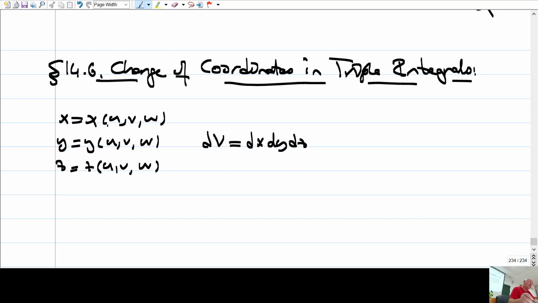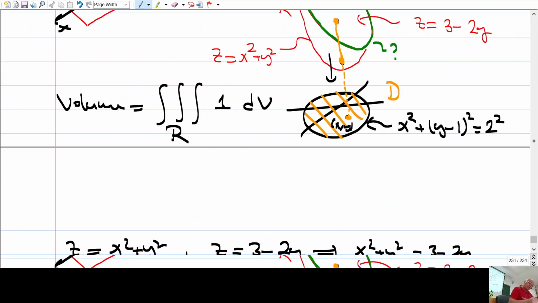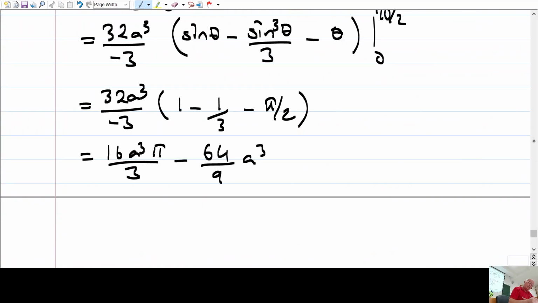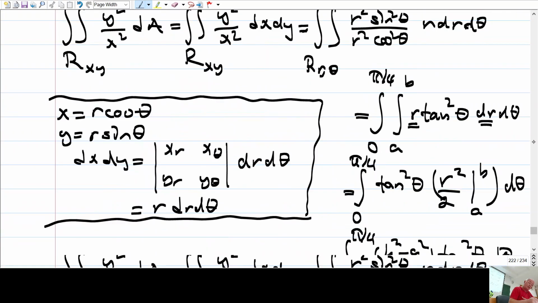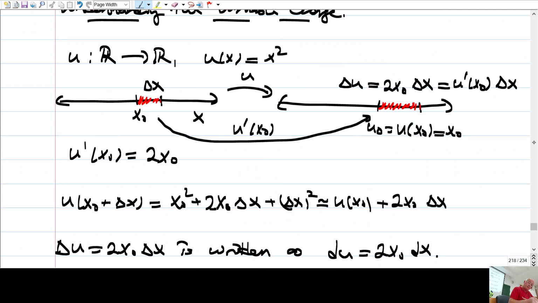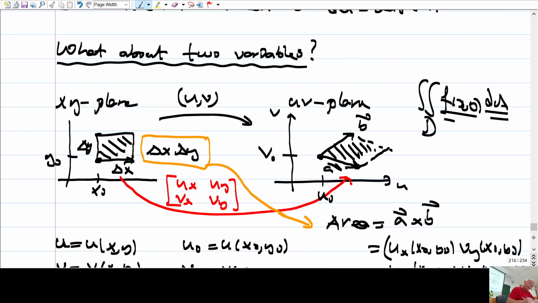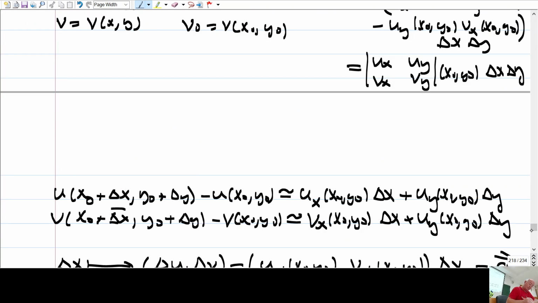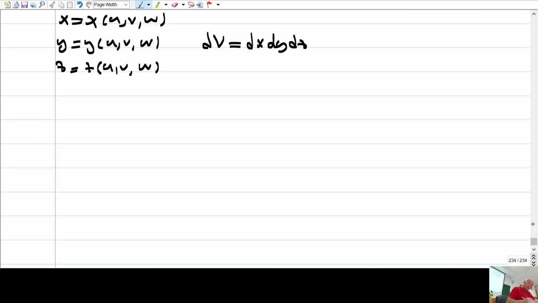Biz x'i e, u'la yok. U'la v'yi x, y cinsinden yazdık. Değil mi? Öyle yaptıydık. U'la v'yi x, y cinsinden yazarak yaptık. Evet. Tamam. Yani aynı şey tabii de.